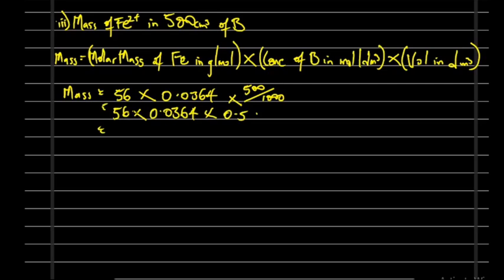Our mass equals 1.0192 grams, and that is to three significant figures. So mass equals 1.02 grams. That will be our answer: 1.02 grams. That is the mass of our iron in the 500 centimeter cube. And then the fourth question there says the percentage of iron 2 plus in the granules.